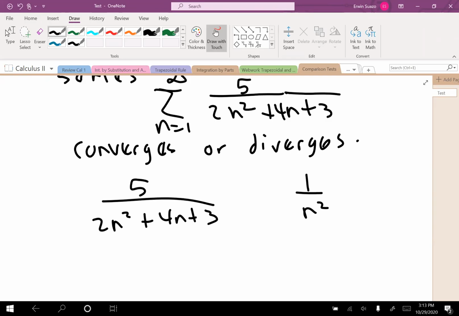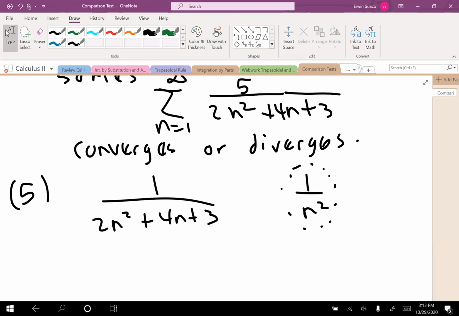So you know this one is convergent, right? But maybe we can forget about the 5, because with 5 or not 5, the series will be convergent or divergent. That's a constant, that's not an n. So I can take that 5 out of the sum.